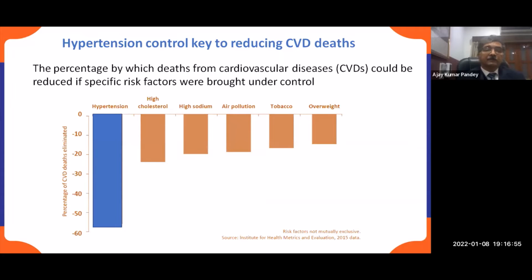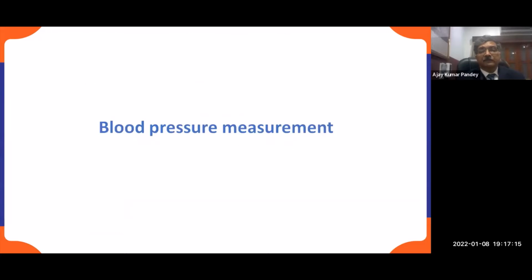Hypertension control is key to reducing cardiovascular death. And if you see all the other risk factors like overweight, tobacco, air pollution, high sodium, high cholesterol, hypertension is responsible for most of the important risk factors for our cardiovascular disease.